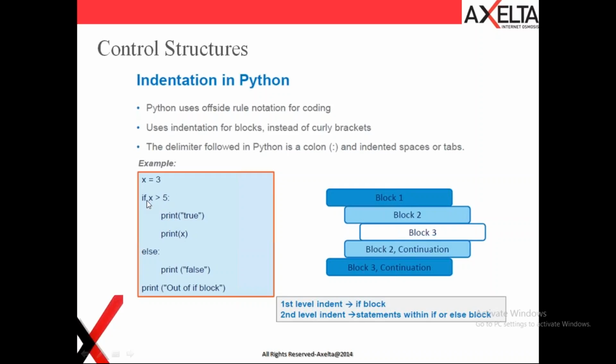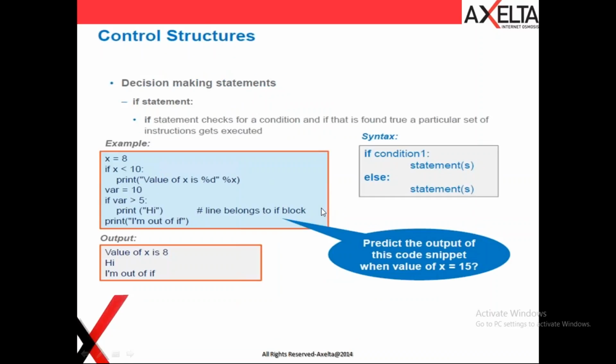See, I have declared one if statement, and this is a colon. So this colon indicates the end of the header, the end of the definition of the if statement, and this colon indicates that this part of the block is one suite. Suite is a block. It contains some set of code. So this is something about indentations.